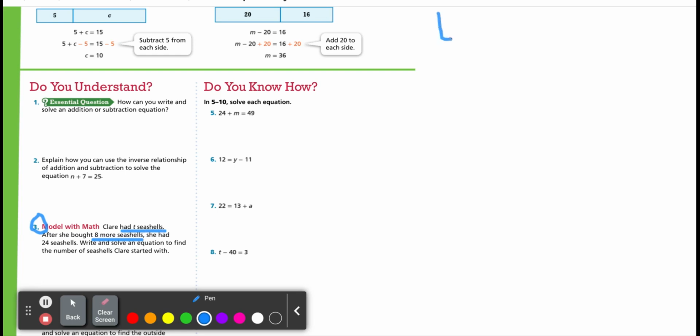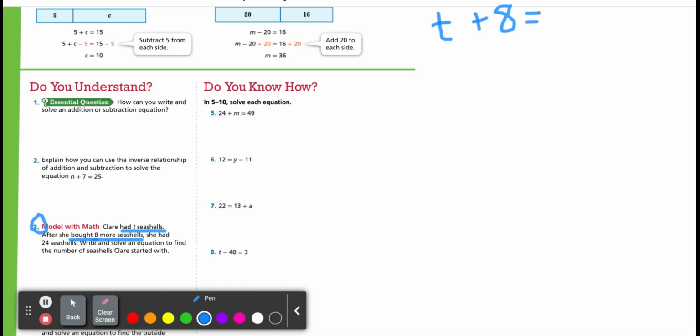She's starting with T. And then it says that she bought 8 more seashells. So if you're buying something, will that number increase or decrease? Will we be adding or subtracting? We're going to be adding 8. If we're buying more shells, the number of shells she has will be going up. We will be adding 8 more to that.